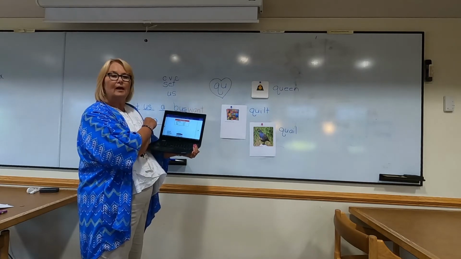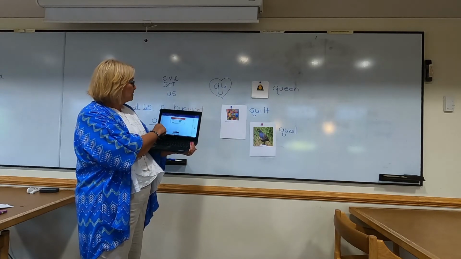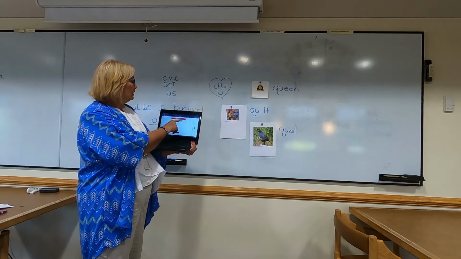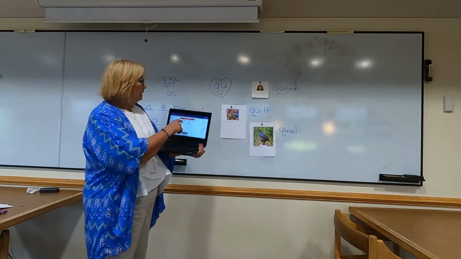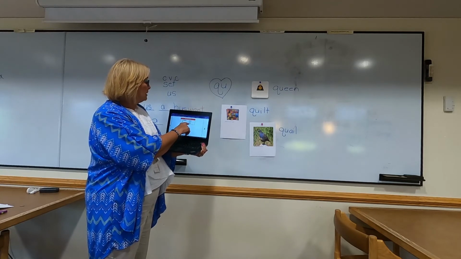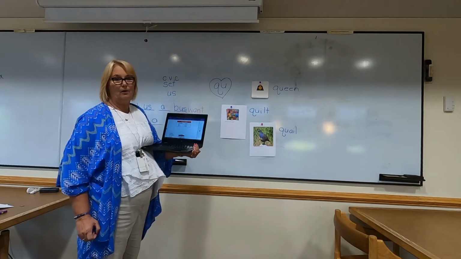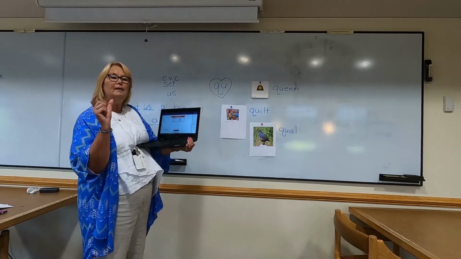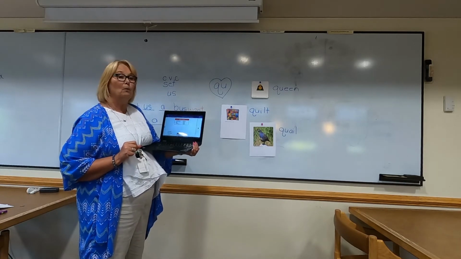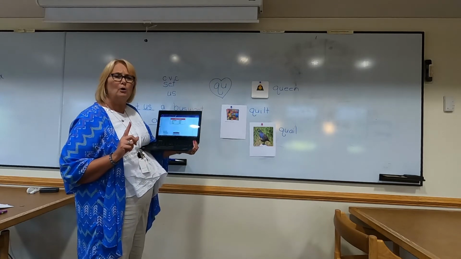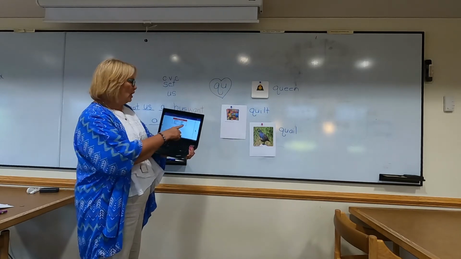Earthquake, look at that qua sound. Quilt, square, squeal, squint, and squish. Now, squeal, squint, squish, and square are all another type of blend that have the SQU in it. And we'll talk a little bit more about those particular words later on.